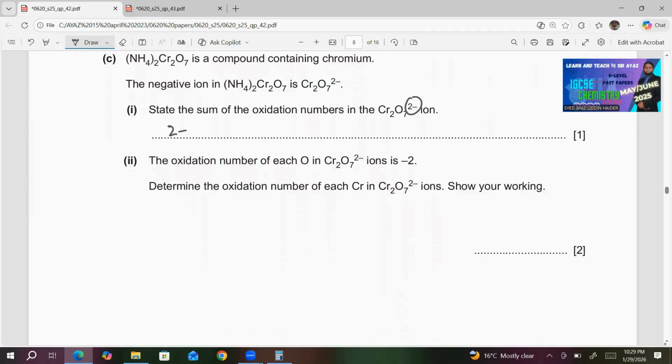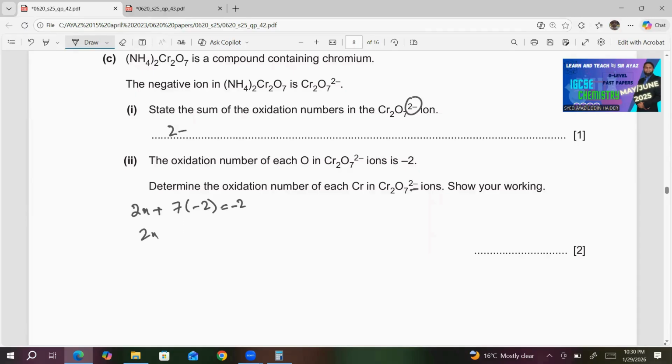So we have 2 Cr here. So I will write 2 Cr plus we have 7 atoms of oxygen. So 7 will be multiplied by the oxidation number of oxygen, which is minus 2 here. The overall charge it's given, it's 2 minus. So I'm going to write 2 minus here or minus 2.